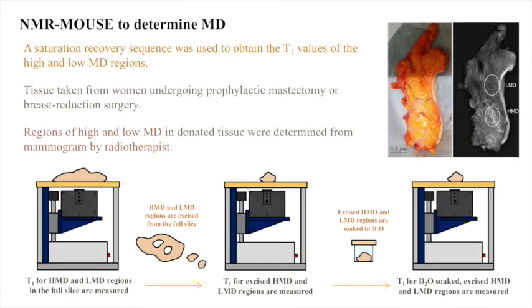We then excised the respective high mammographic density and low mammographic density regions and measured the apparent T1 value in each of those regions again. Finally, the excised high and low mammographic density tissue samples were soaked in heavy water saline. This preserved the hydration of the tissue but displaced the protonated water, and therefore led to the loss of the water signal, while leaving the fat signal unchanged.